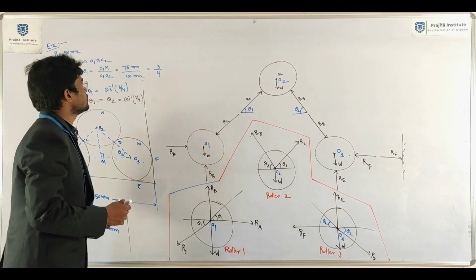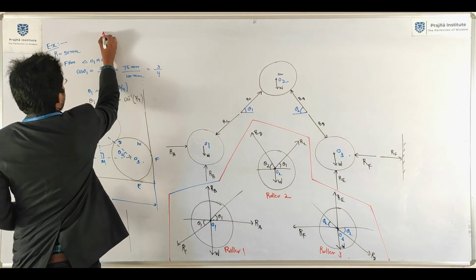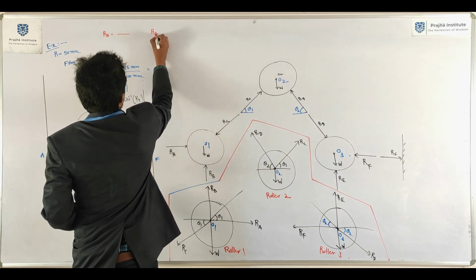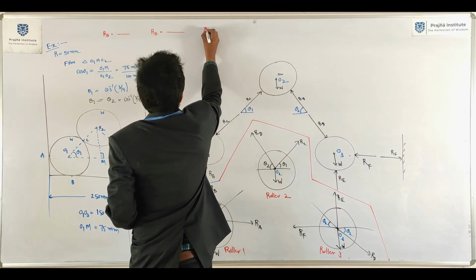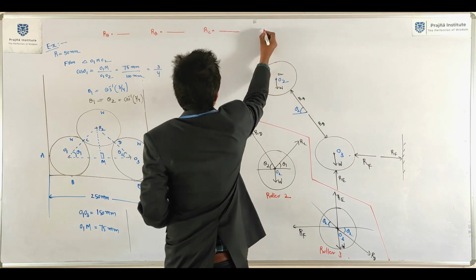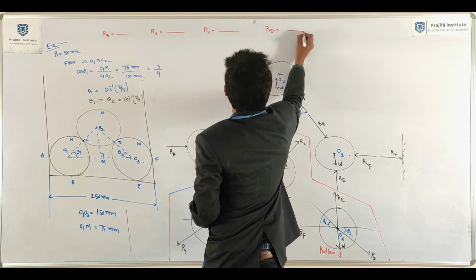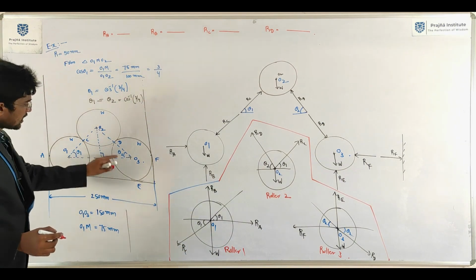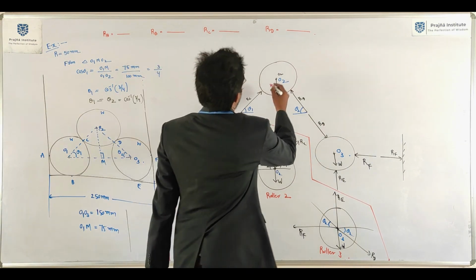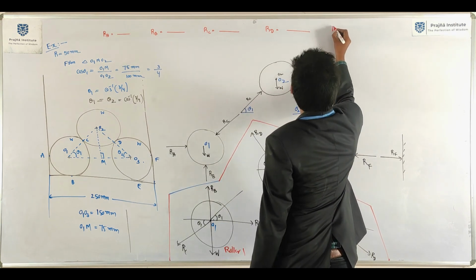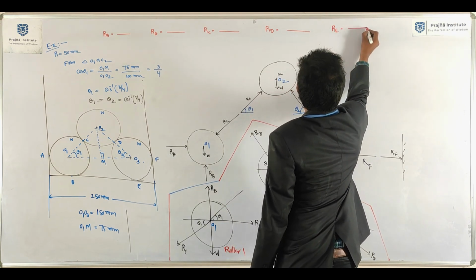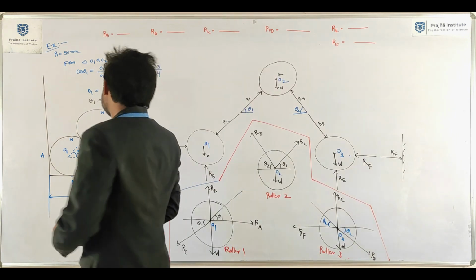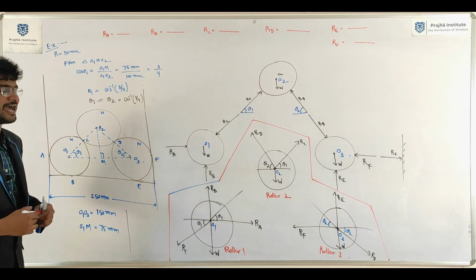You will get all support reactions: RA equal to dash, RB equal to dash, RC equal to dash, and finally RD equal to dash, RE, RF. Okay, so this is the way to draw the free body diagram.